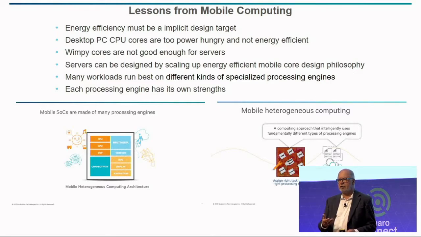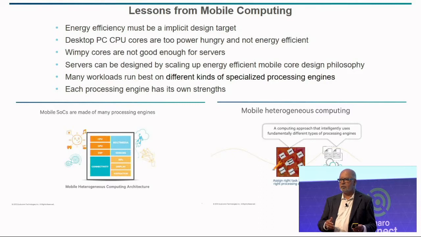In my world, in servers, yes, it's a 3-digit number, but our marching orders are, here's your power budget, here's your area budget, how much performance can you deliver within that? If you start with desktop CPUs and scale those to do mobile, there's a reason why x86 doesn't play in smartphones. If you look at the server products, they're not energy efficient because they're essentially power-hungry desktop cores. On the other side, you can't use wimpy mobile cores and win in servers.